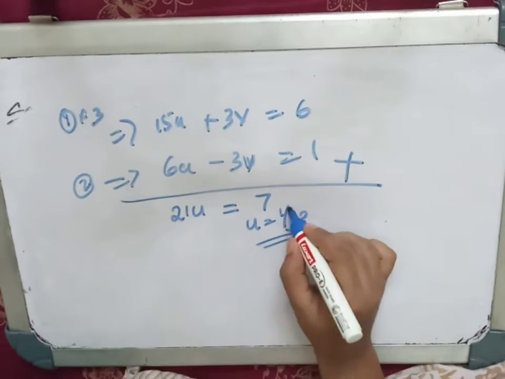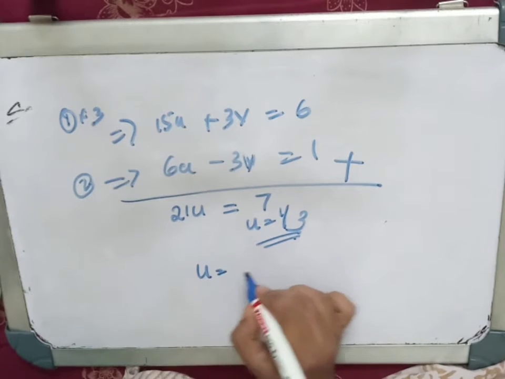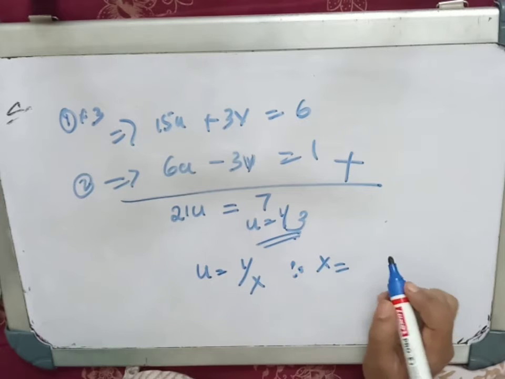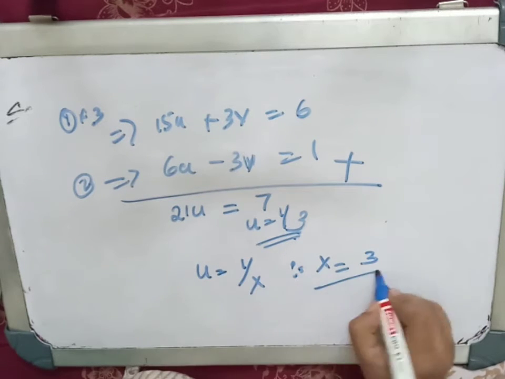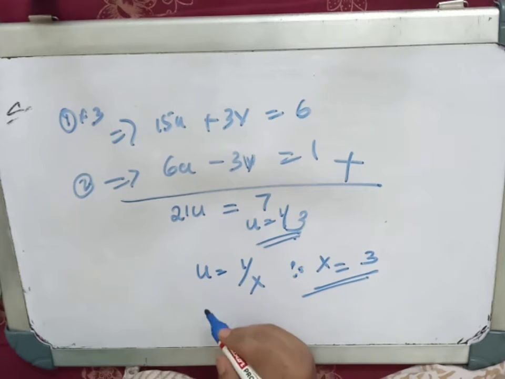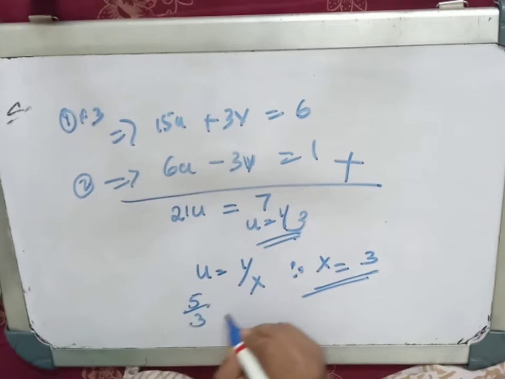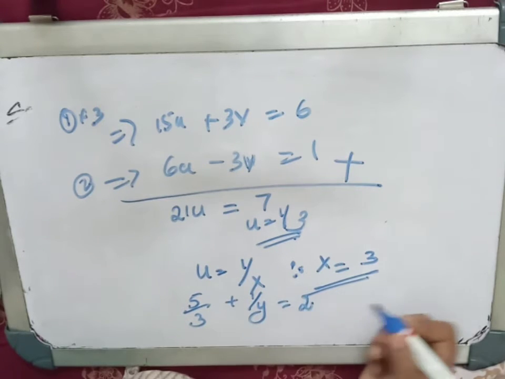So you have u is equal to 1 by 3. So we know that u is equal to 1 by x. Therefore x is equal to 3. So now we'll substitute x is equal to 3 in the first equation. So we have 5 by 3 plus 1 by y is equal to 2.